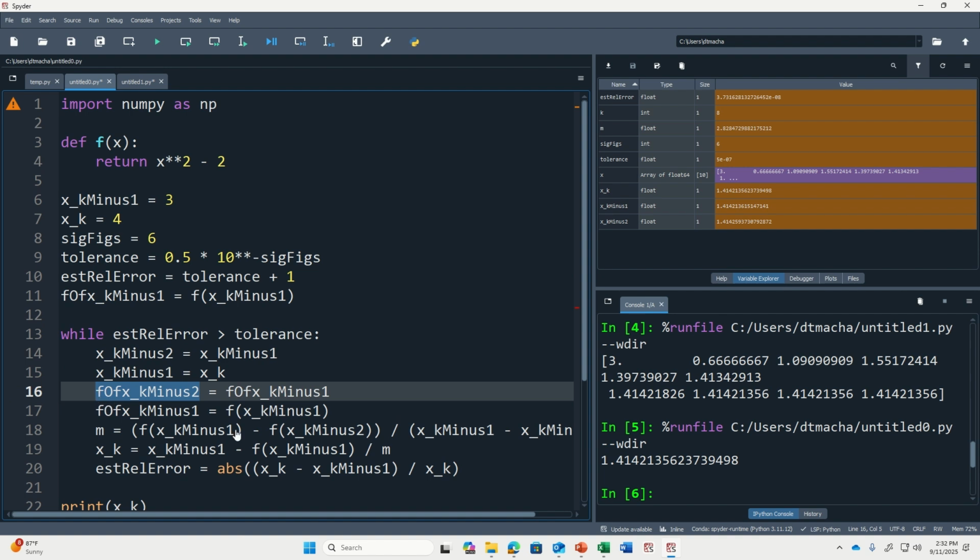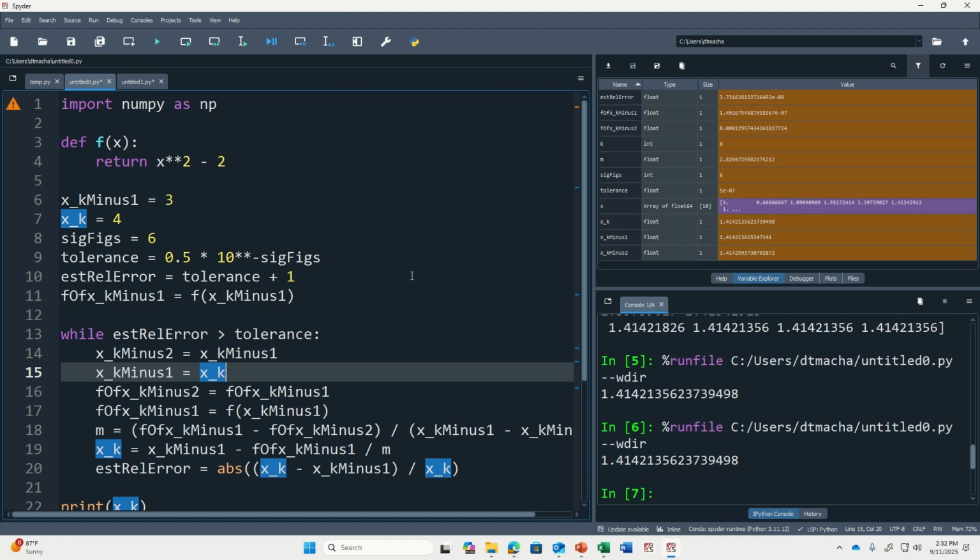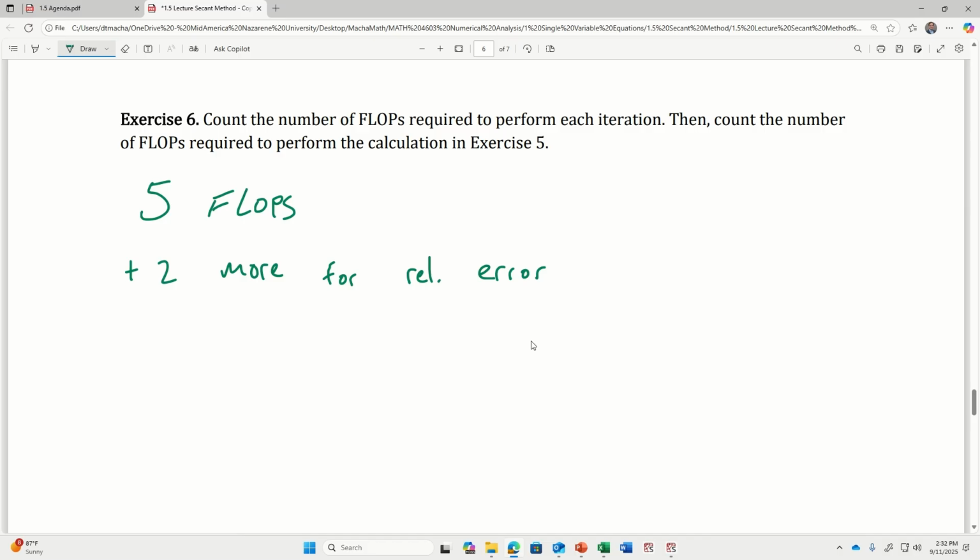Then I could get rid of all of these function calls with variables. That's a way you could reduce the number of flops, and it should work with only calling the function one time per iteration. So plus 1 function call, and depending on how many flops your function requires, that could be a lot.